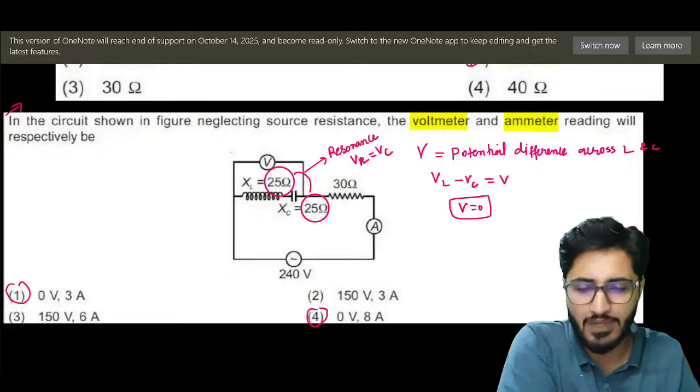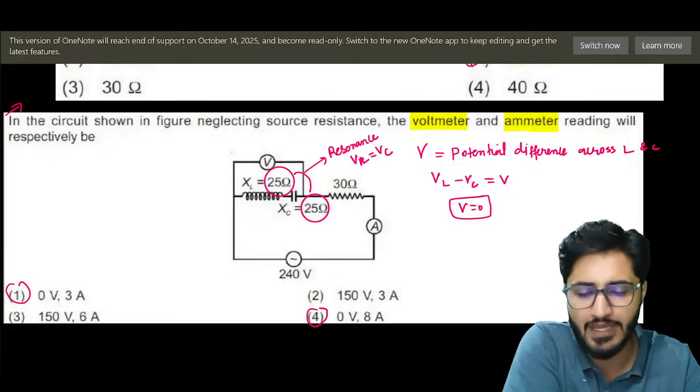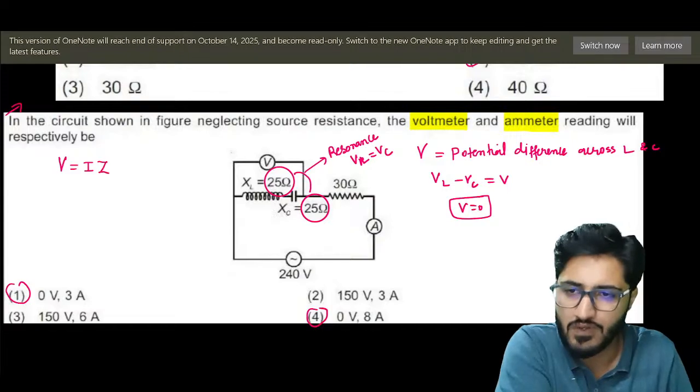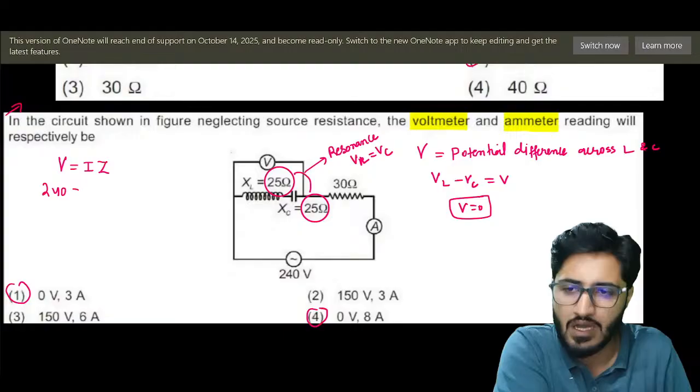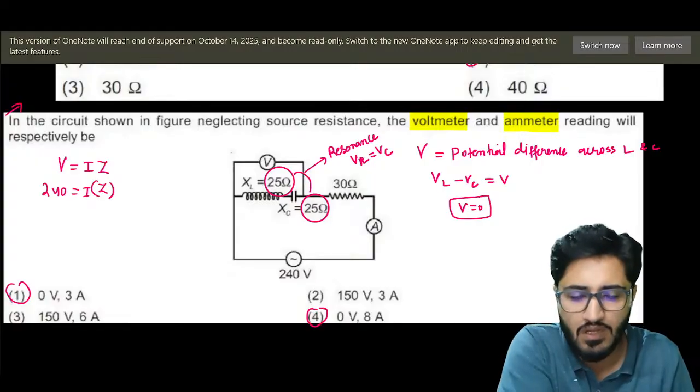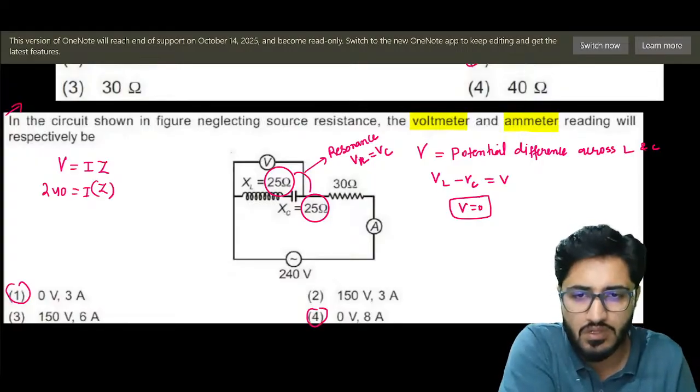Now I need to get my I. So what is V? Sir, V equals to I times Z. We know it. V is 240. I we don't know, and Z we don't know. So look now.